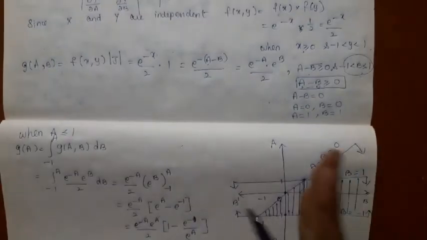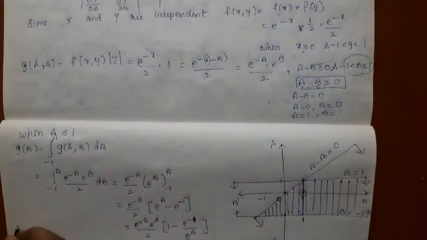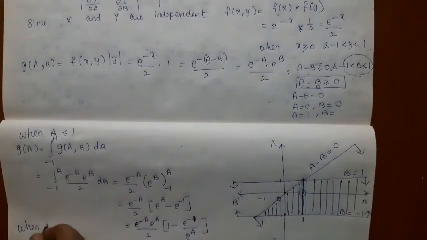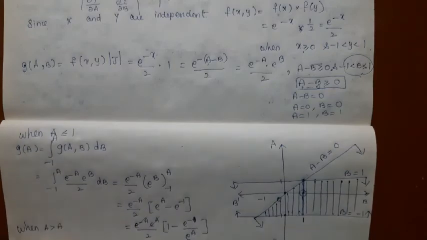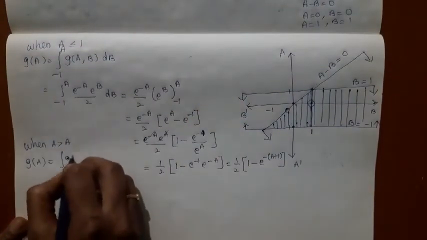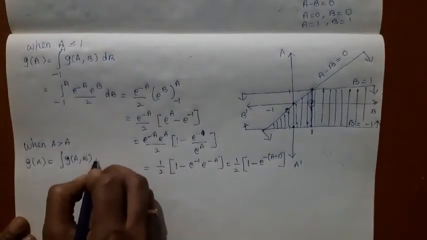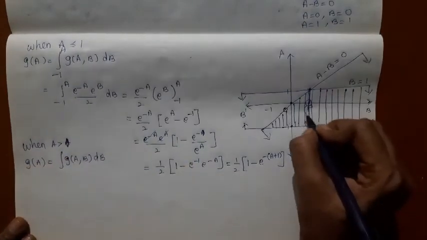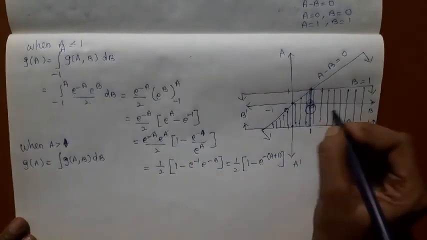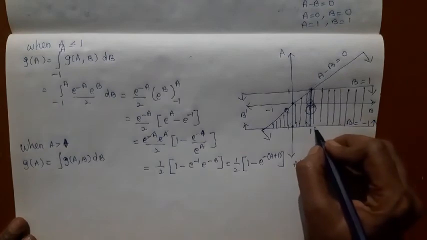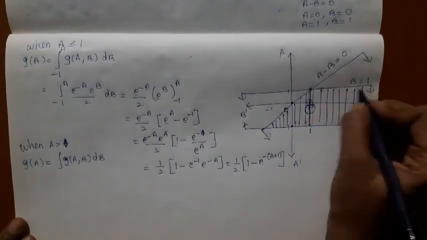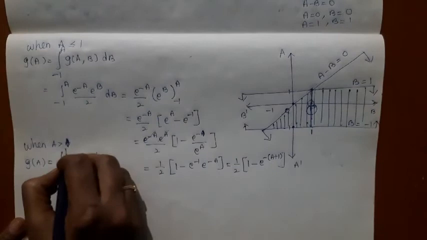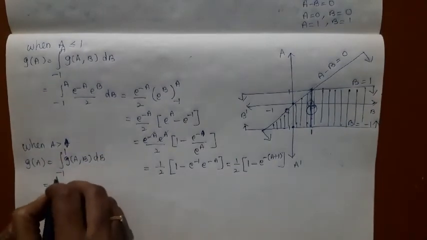Okay. What happens when A is greater than 1? When A is greater than 1, G of A is the integral of G of A comma B dB. See, this point makes the difference. After this, the integrating range will be from this line to this line, -1 to +1.